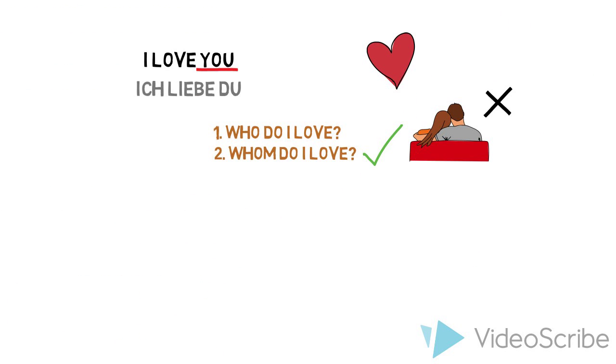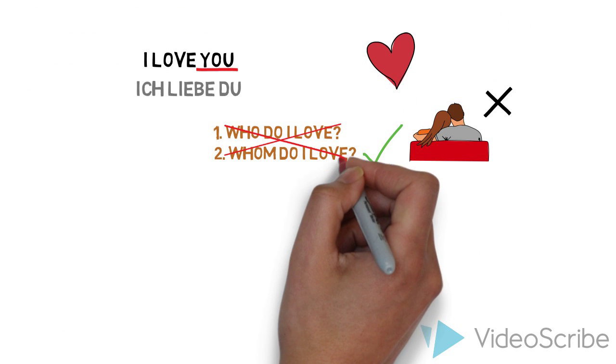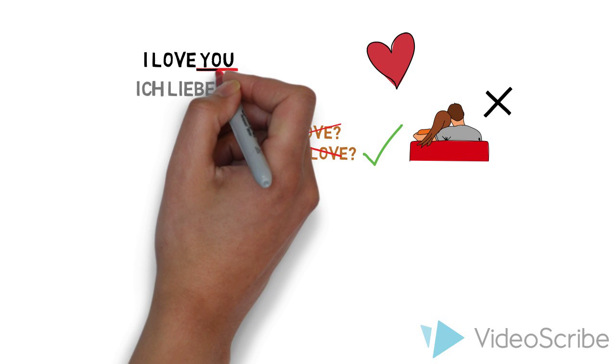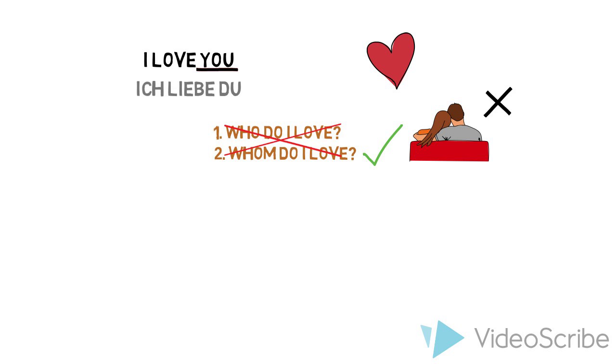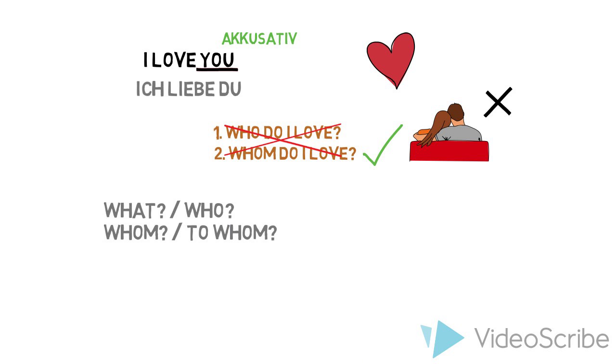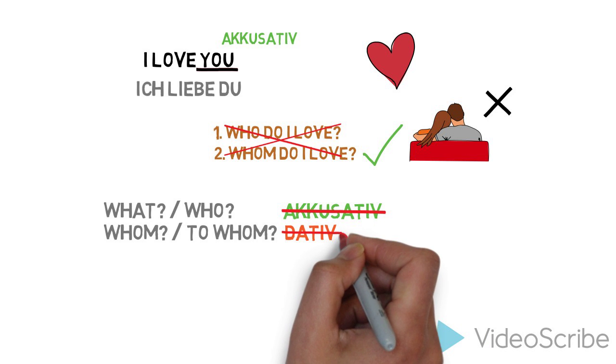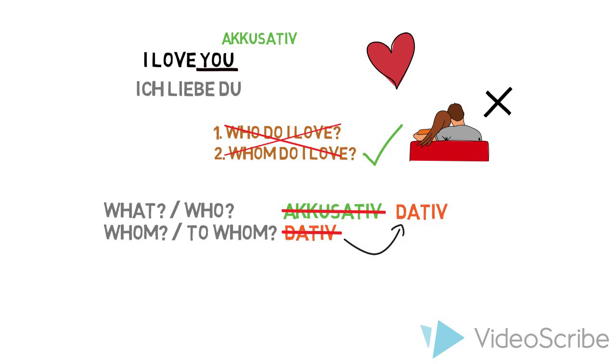However, this is actually not true, not for this example. In fact, you gets declined in accusative. This is because when the two-question rule is applied, but there is nothing to decline in accusative in the sentence, then the dative takes the place of the accusative.